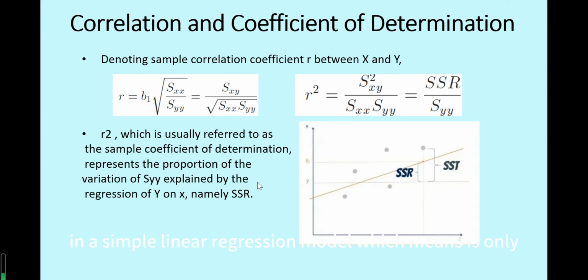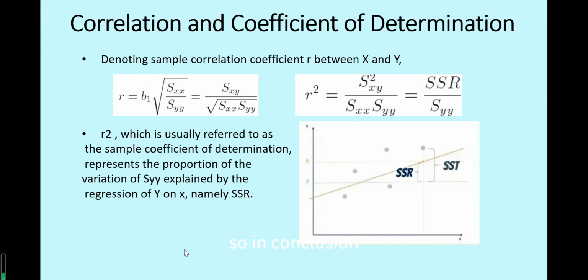In a simple linear regression model, which means there is only one independent variable x, the coefficient of determination R square, then taking the square root, will equal the correlation coefficient between x and y. This only applies in simple linear regression. These two values have just a square relationship.